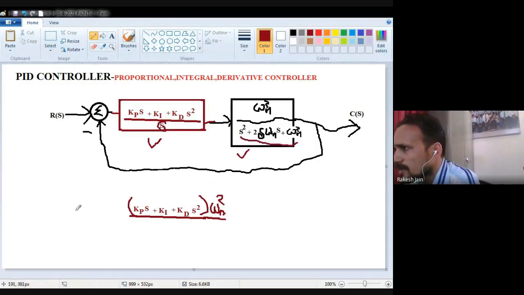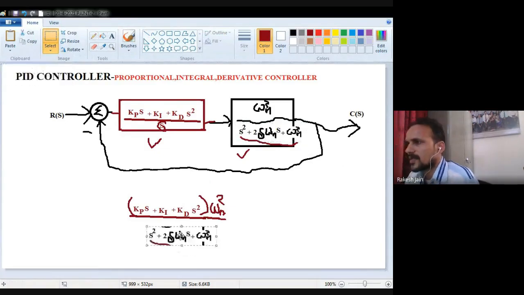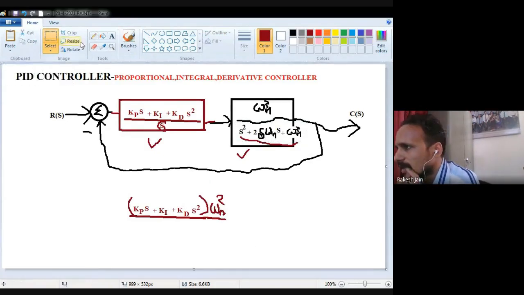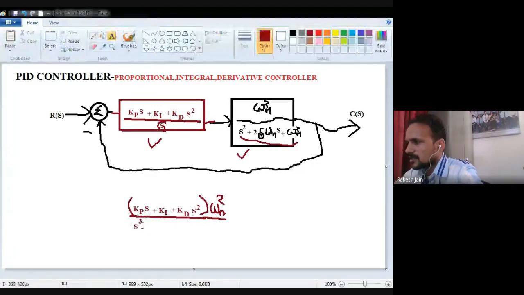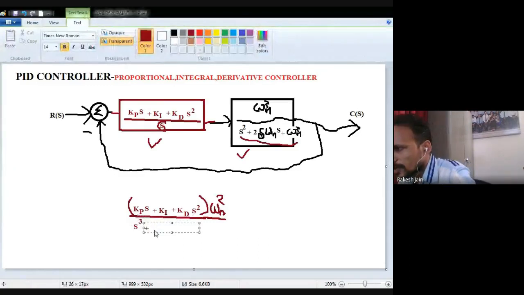So what will happen? When this S is multiplied by S square, it will be S cube. Then the second one is twice delta omega n S square.